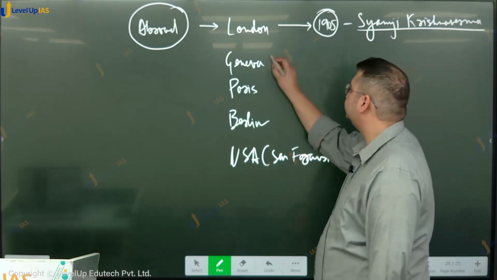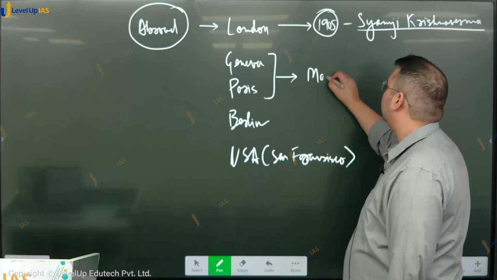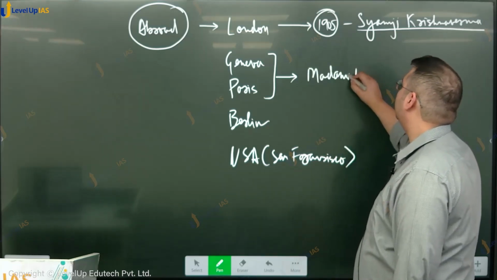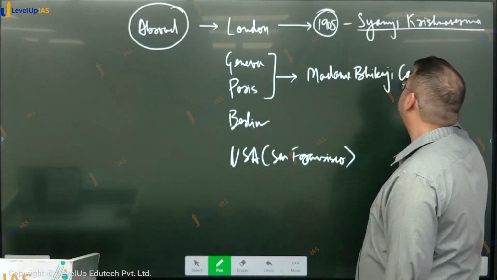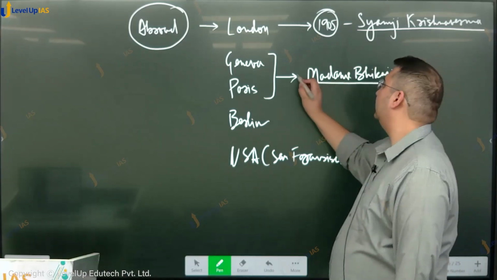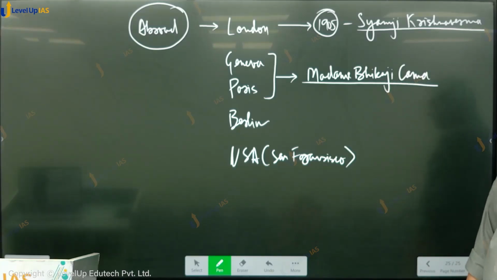In Geneva, the revolutionary charge was led by Madam Bhikaji Kama, who formed a common alliance with the French socialists as well, Geneva or Paris.